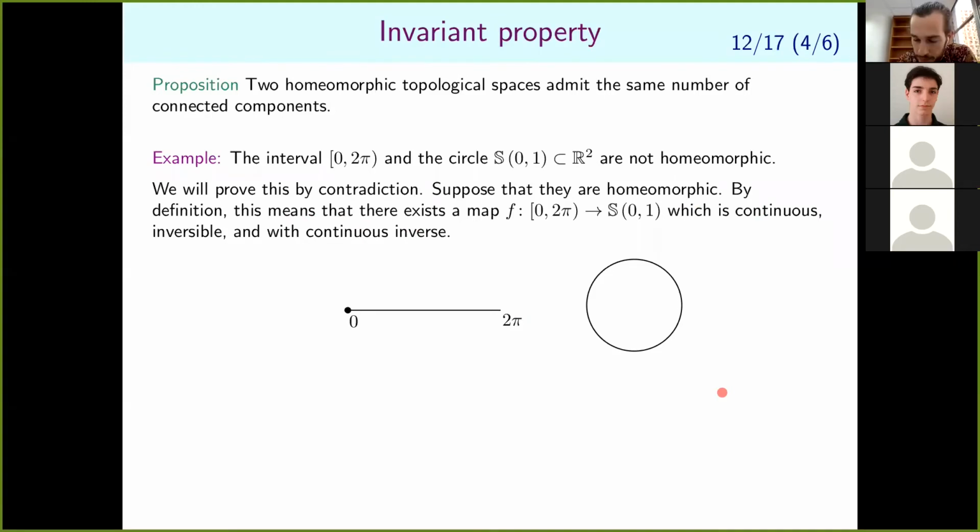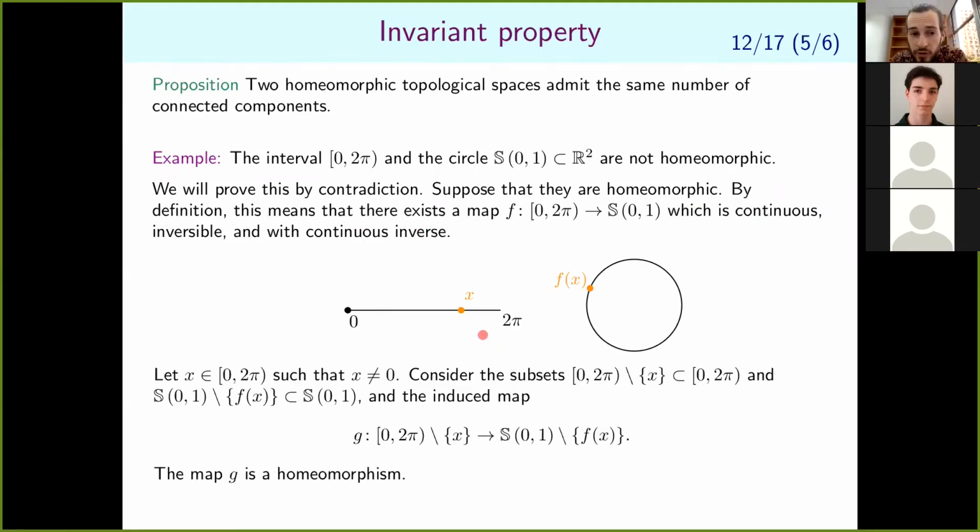But what I will do, I will remove a point from the interval. Okay, x, any point of the interval. I look at its image on the circle, and I also remove this point of the circle. So my homeomorphism, F, restricts as a homeomorphism between the interval without the point and the circle without its image.